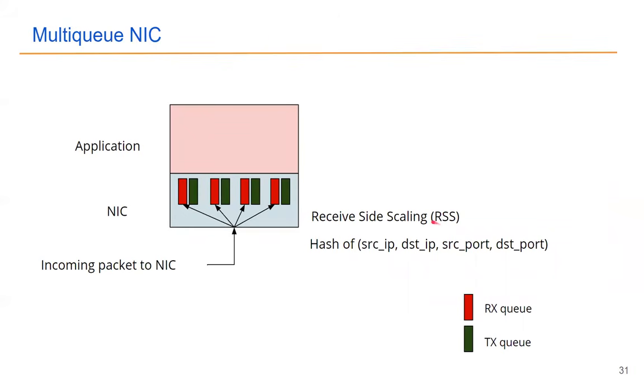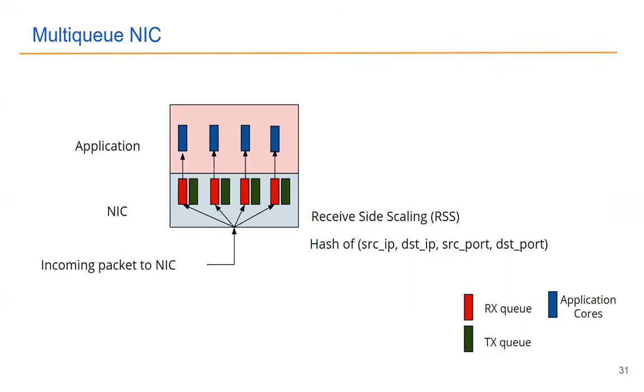That is, the source IP, destination IP, source port, and the destination port. The hash returns the queue ID into which this packet will be allocated. So once allocated into a queue, it can be processed entirely by the application running on that core, and that doesn't require any intercore communication. And it can also avoid the intercore communications that are involved for the packet transfers.